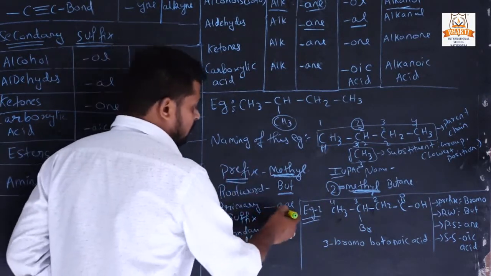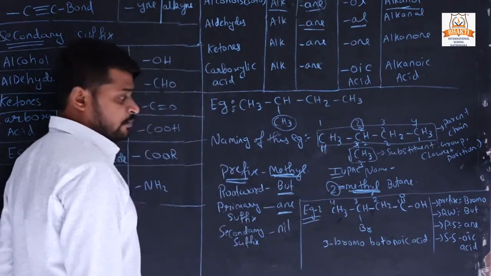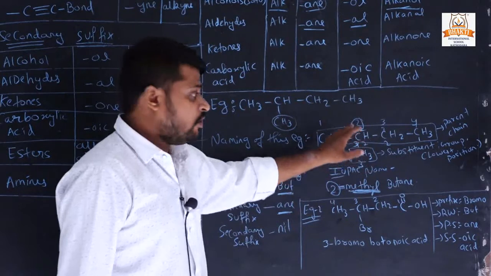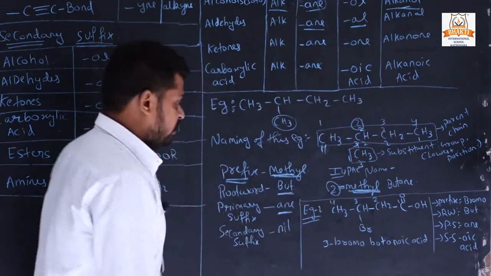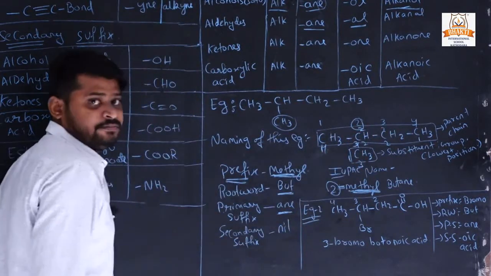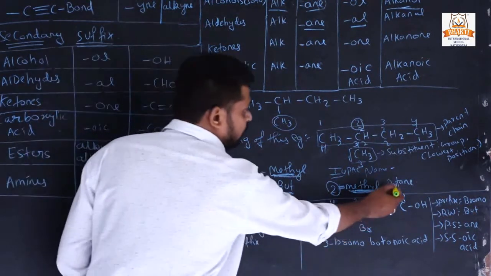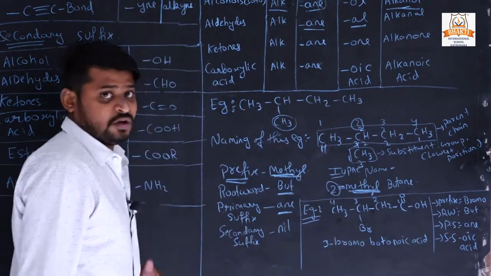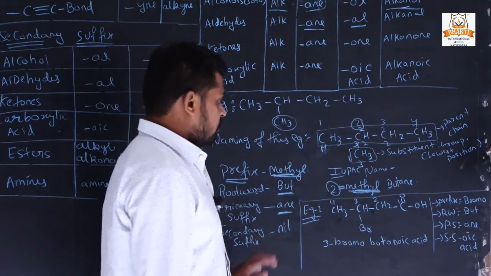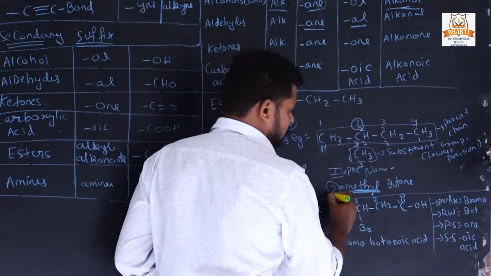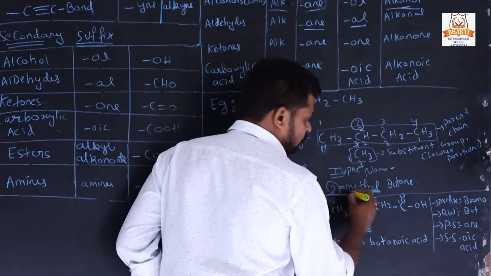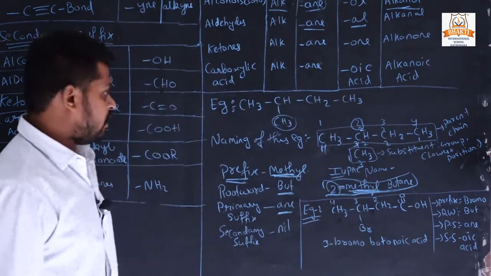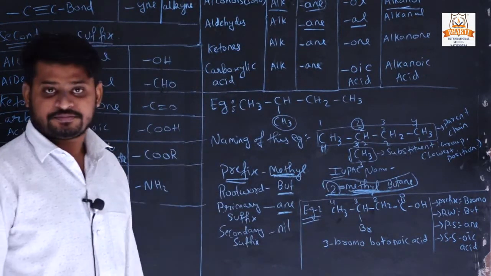It is from the alkane group, because in the whole chain only single bonds are present. So butane. Okay, and the secondary suffix is not present. So the name of this compound is 2-methylbutane. So we easily give the name of this structure.